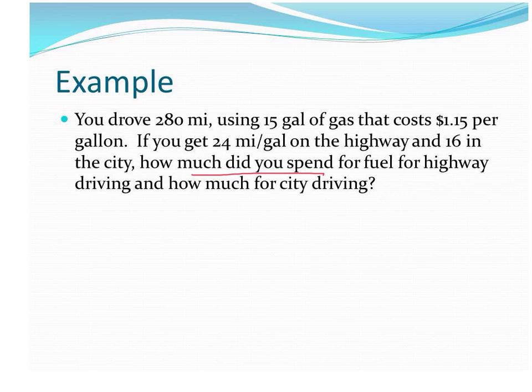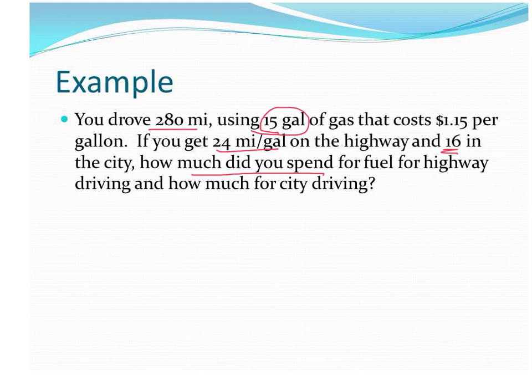And I know I used 15 gallons total, but I don't know how many of those were dedicated to the highway and how many of those were dedicated to the city. But I know I drove 280 miles, so we have so much information here. How do we put it all together? So money's going to come in at the end.